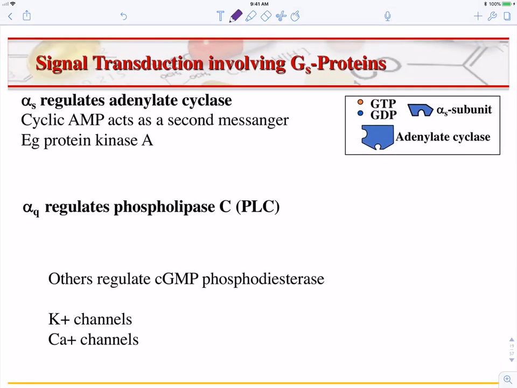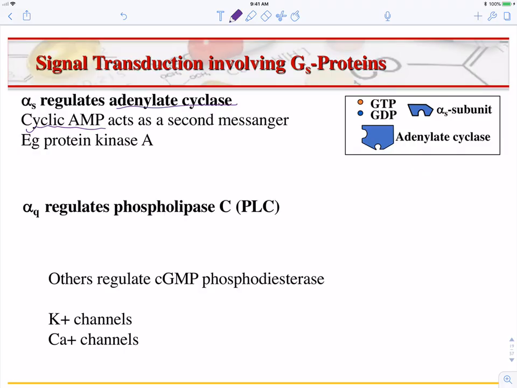So let's talk briefly about the types of actions mediated by these alpha proteins. Alpha S regulates adenylate cyclase, so it facilitates the formation of cyclic AMP from ATP, and we know that cAMP functions as a second messenger.